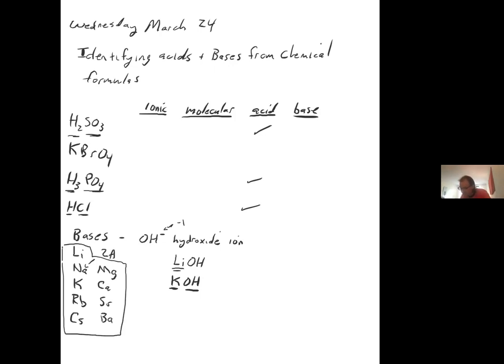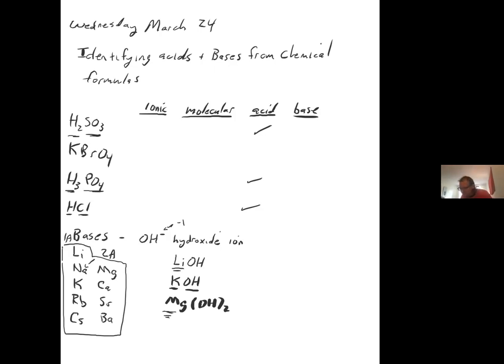This is 2A, this is 1A. If you have group 2A, the charges of the group 2A metals are +2, so you just need 2 of the hydroxides to balance the charge. So if this is +2, you got to have 2 hydroxides, right? Just because each one is -1, 2 of them would be -2, that would balance your +2, okay? So that would be a base as well.